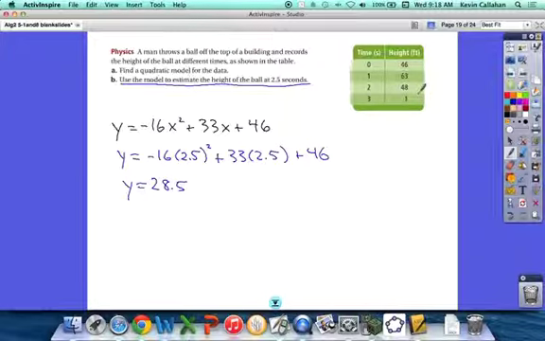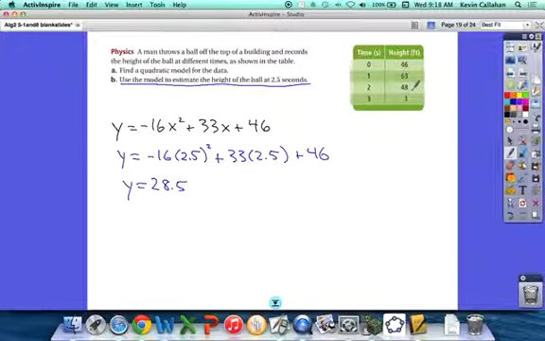Is 28.5 halfway in between 1 and 48? Probably not exactly. If you added those two up, you get 49, and divide by 2, that would have been 24.5, not 28.5. So that's why it's useful to use the model. It's not a straight line. It's actually curved because it's a quadratic.